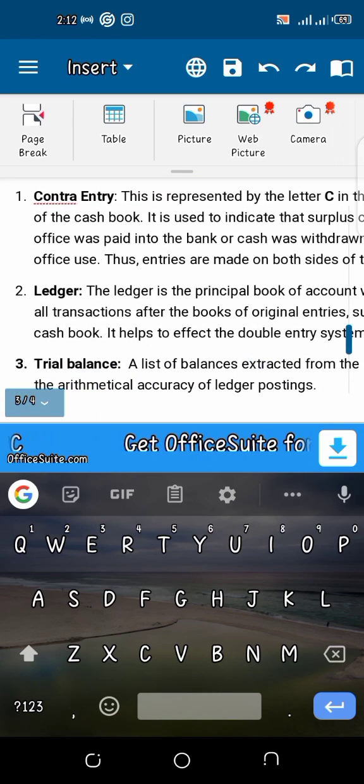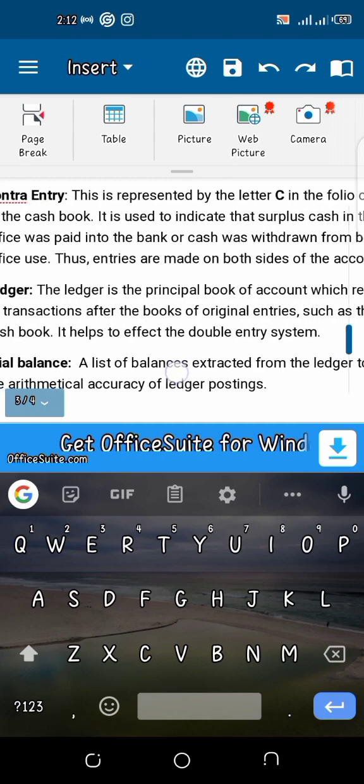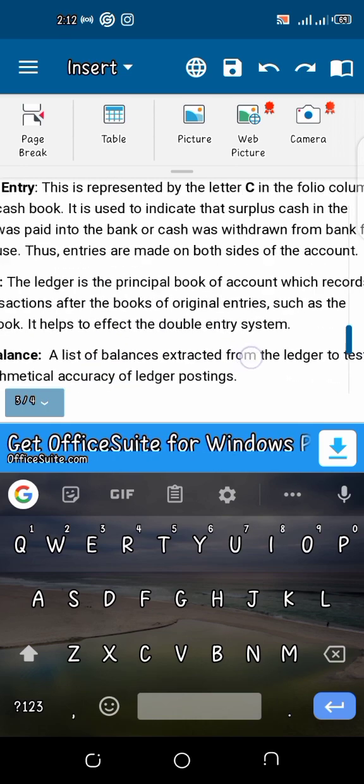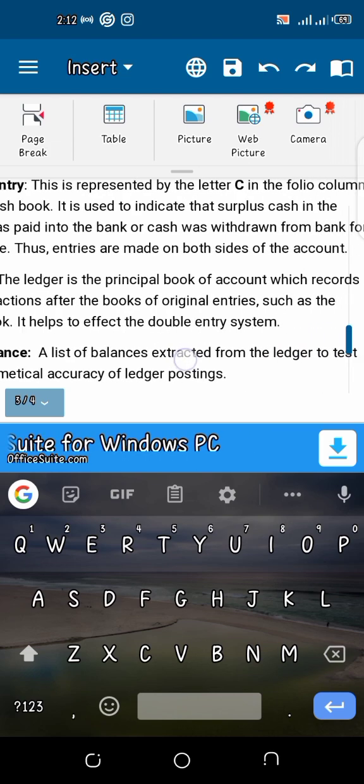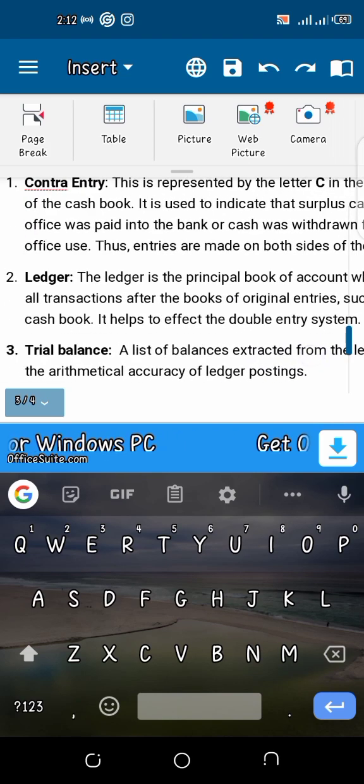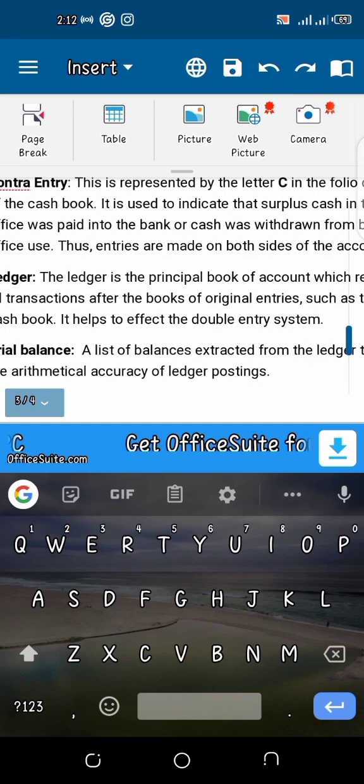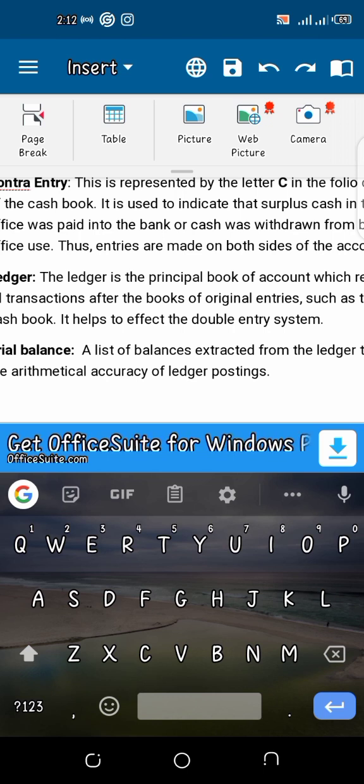Explanation for the ledger. The ledger is the principal book of accounts which records all transactions after the books of original entries, such as the cash book. It helps to effect the double entry system, and the double entry system states that for every debit entry in the book of original entry, there must be a corresponding credit entry in the ledger.